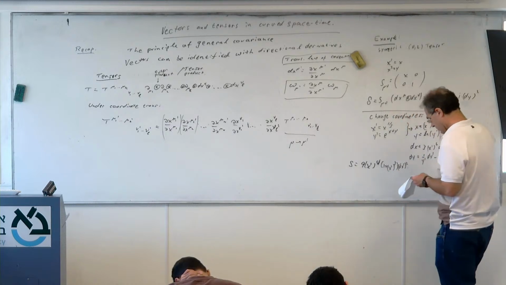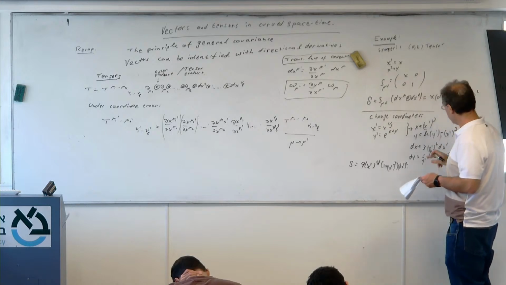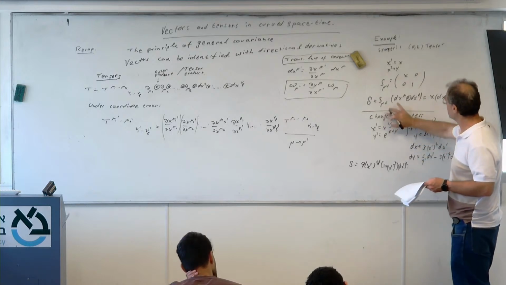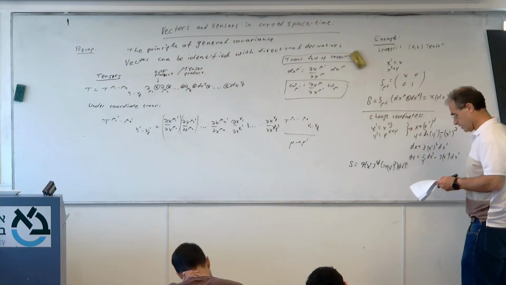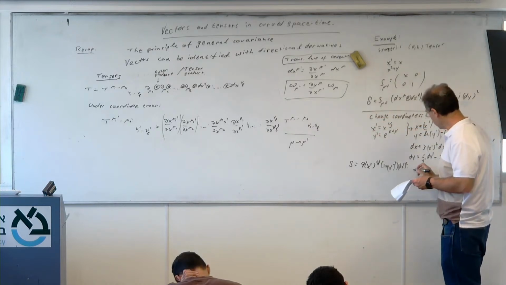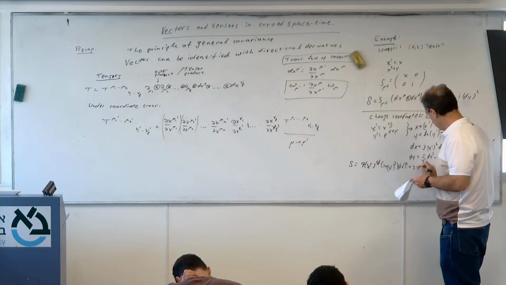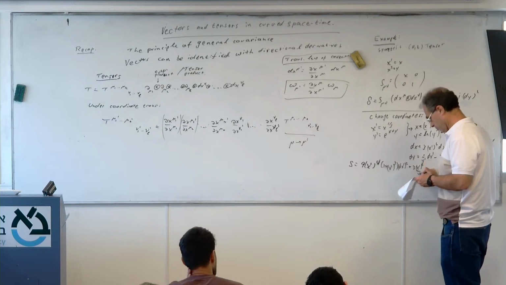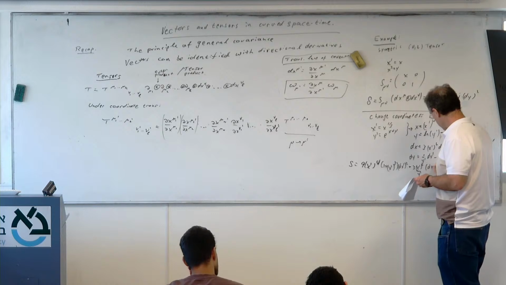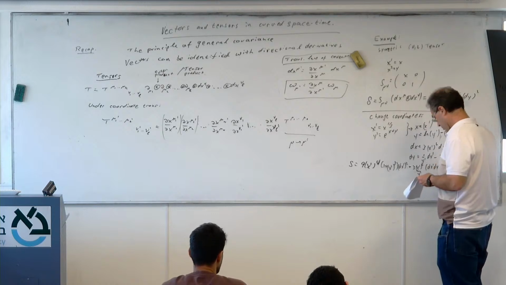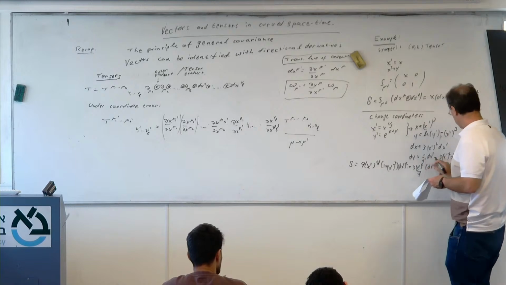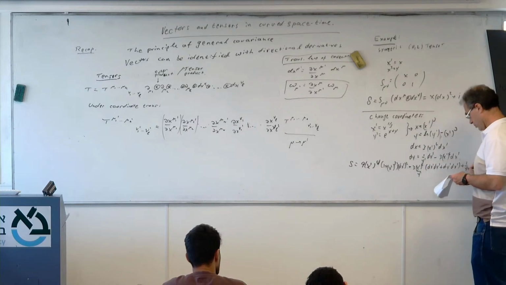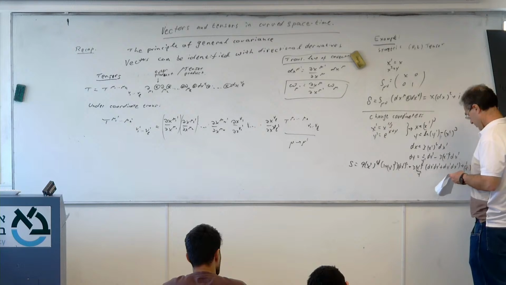I have to square that. I just have to remember that dx prime dy prime is not necessarily commutative with dy prime dx prime, so I have to be careful how I write it. So it's minus 3 x prime squared over y prime times dx prime dy prime plus dy prime dx prime, plus whatever is left, plus 1 over y prime squared dy prime squared.